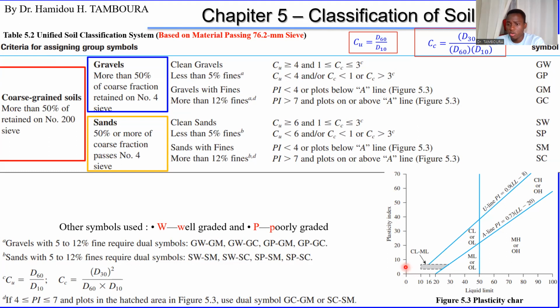PI less than 4, around here, and you fall below this line, not above this line, the line A. But if you have the plasticity index higher than 7, 10 is here, higher than 7, and when you plot a point considering the liquid limit, you fall above this A line, maybe around here, in this area, then you will have GC, meaning it is clay. C here is for clay, M here is for silt.